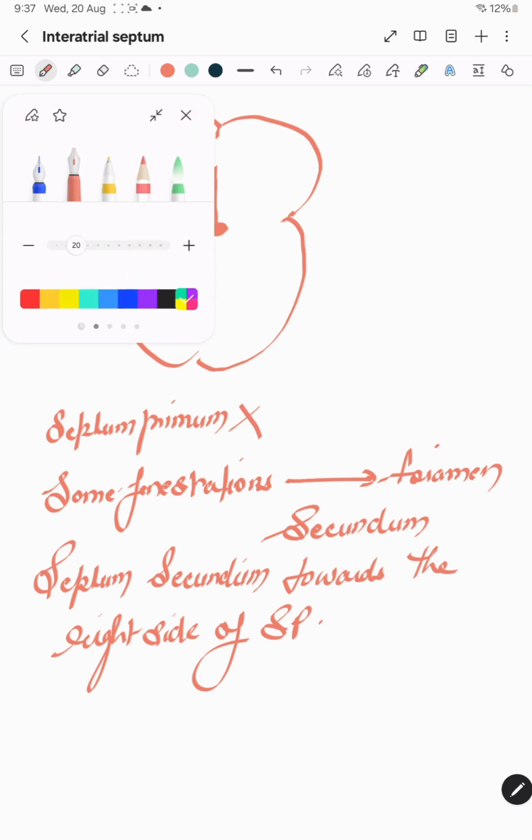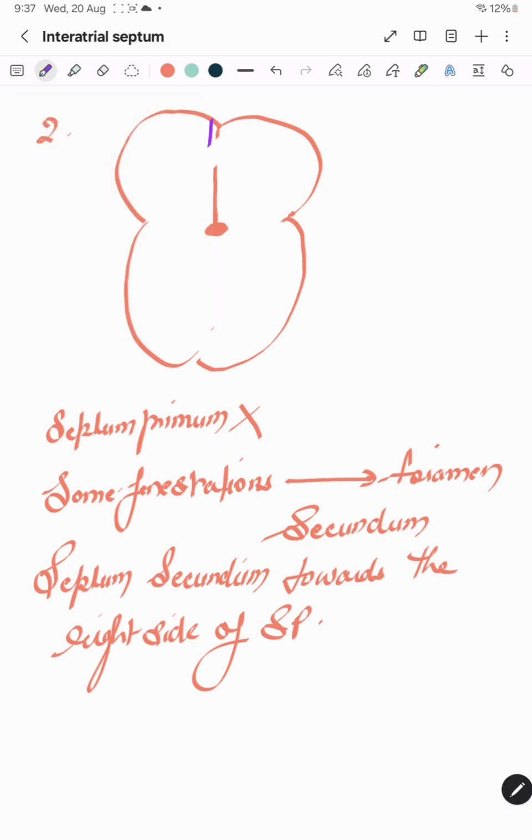So another septum will start forming on the right side, and it will leave a space known as foramen ovale. This space will be foramen ovale. So on the lower edge of the septum secundum, the foramen will be known as the foramen ovale.